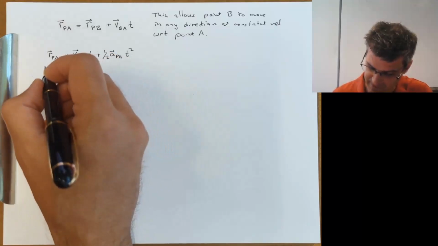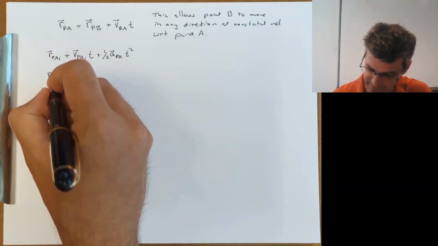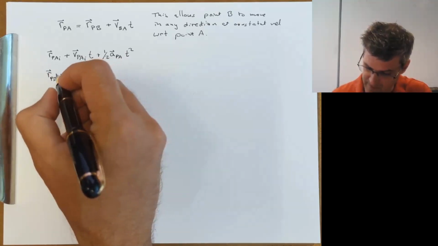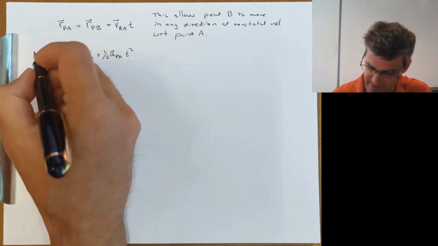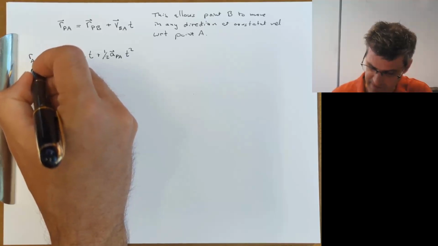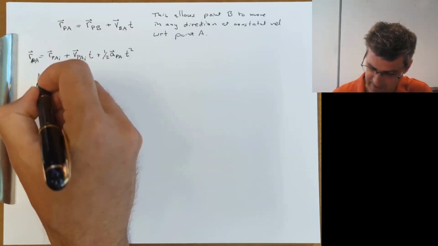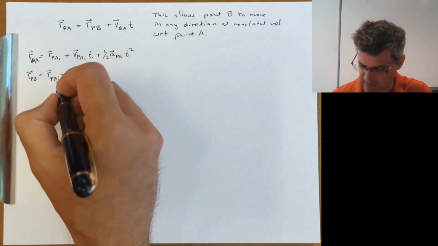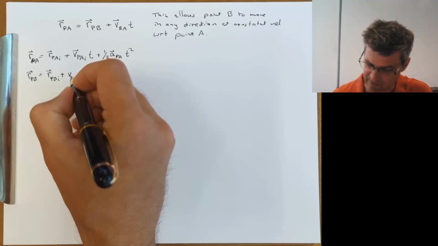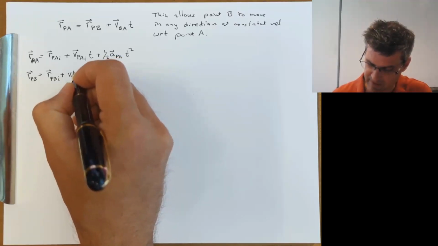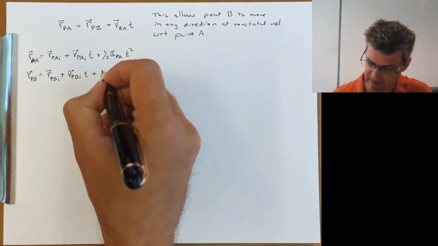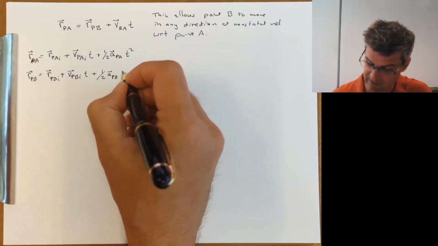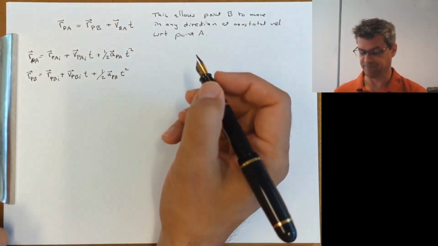Similarly, r P sub B is going to be r P sub B i. So I'm going to call this RPA, RPB is RPBI plus V PBI T plus 1/2 A P sub B T squared.